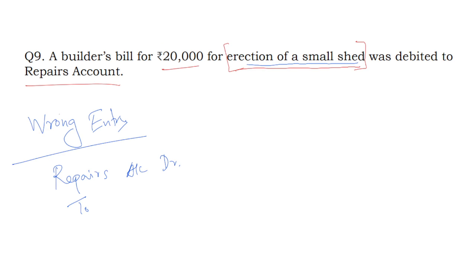Or it may be builder's bill for rupees 20,000. It may be a builder's account, or if it is paid, bank, or it may be a builder's account. Whatever it may be. So this is the wrong entry.